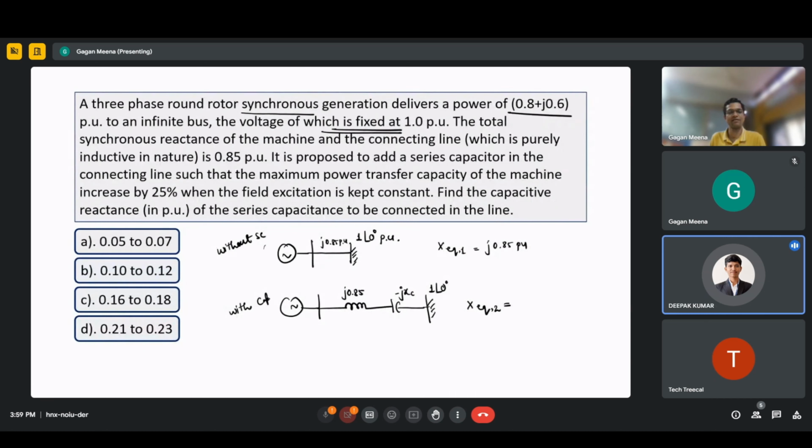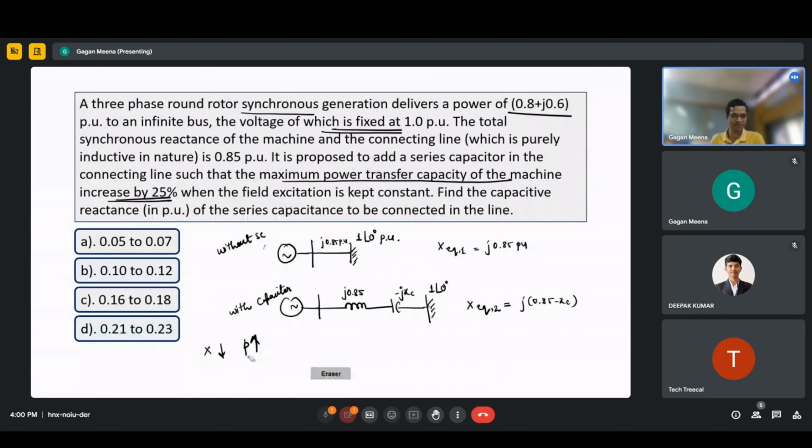It is j(0.85 minus XC). And it is said that the maximum power transfer capability of the machine is increased by 25%. So a series capacitor is also used to increase the power transfer capability of the line, because now X is reducing, so we can transfer more power.